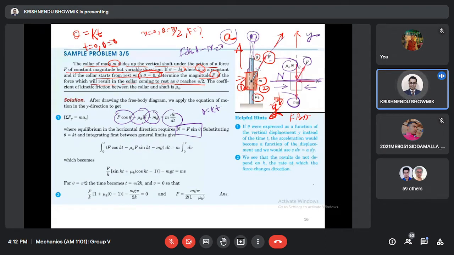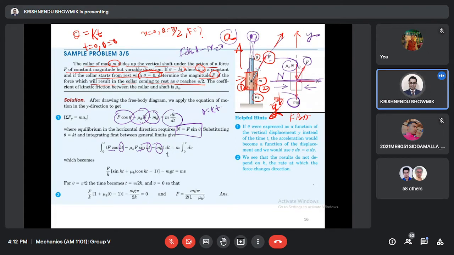Now if I write this, F cosine theta equal to kt minus mu k N, where N is F sin theta. This is F sin theta is equal to kt, minus mg.